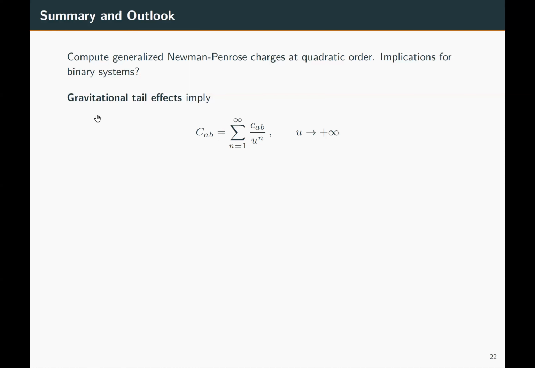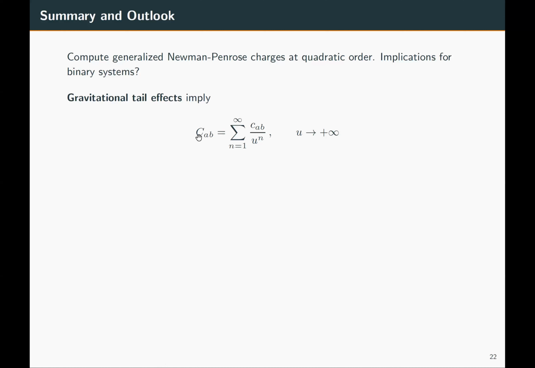Therefore, if you are very far from the source on the right, you have gravitons that propagate to the left for a large amount, and then scatter back and go to the right. So because of this, you keep receiving gravitons all the way up to u to infinity. Although the source might not be radiating anymore, you still keep receiving these gravitational waves.